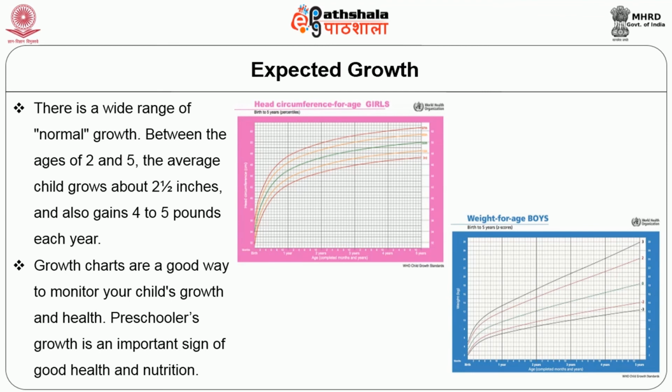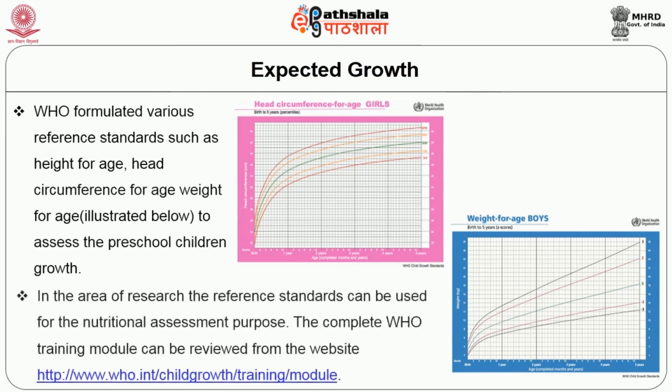Growth charts are a good way to monitor the child's growth and health. Preschoolers' growth is an important sign of good health and nutrition, and the World Health Organization formulated various reference standards such as height for age, head circumference and weight for age, which are illustrated in the figure. These are the best indicators to assess the nutritional status of preschool children.